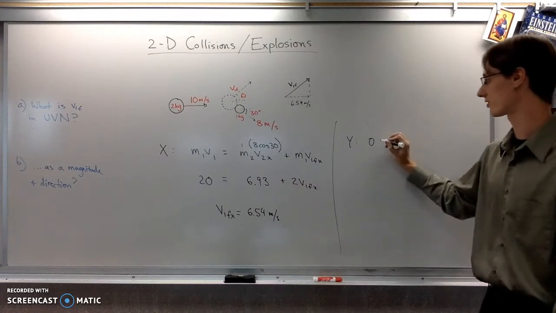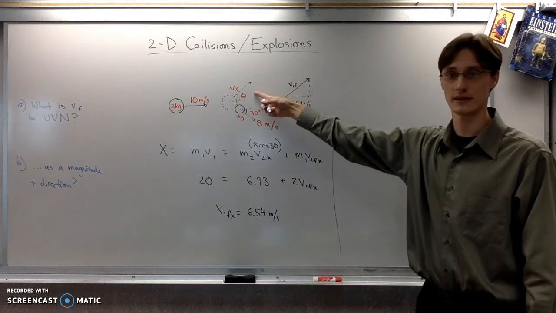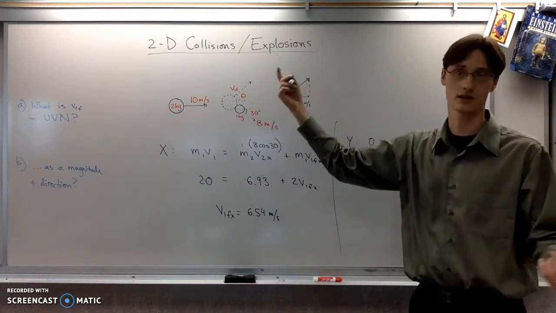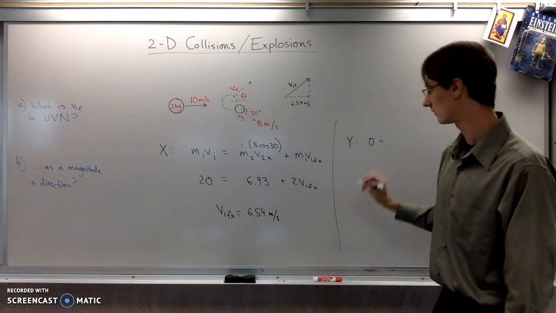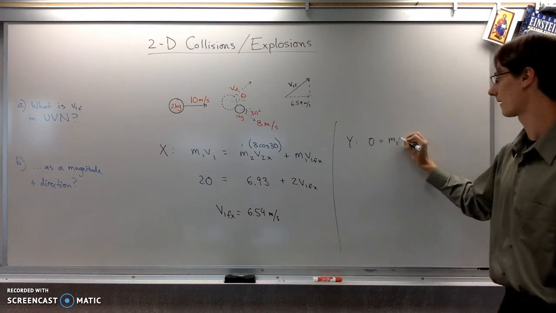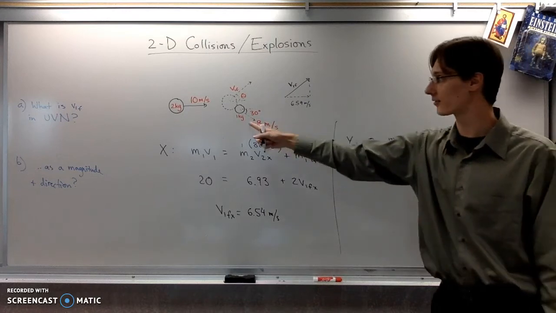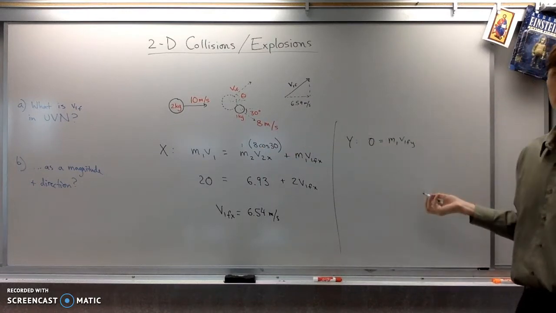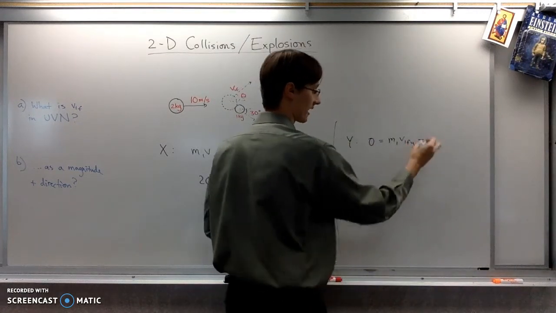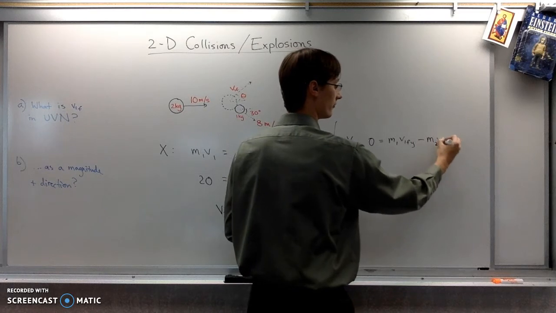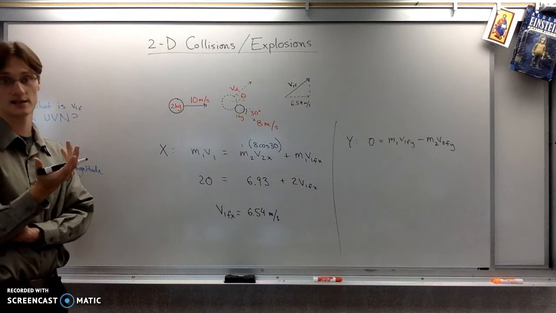All right, after the collision, let's talk about m1 here. This one is moving in, let's call it, the positive direction. So I'm going to express its momentum as m1 v1 final y. And then the other one is moving in the negative direction, so I'm going to put its momentum along this axis as minus m2 v2 final y, because it's headed downwards.